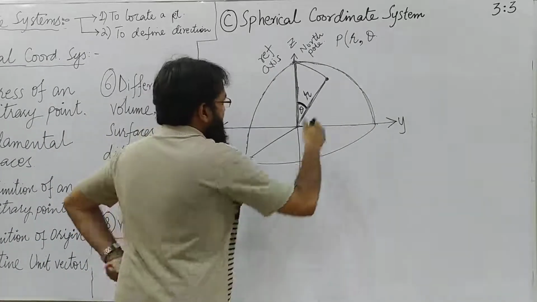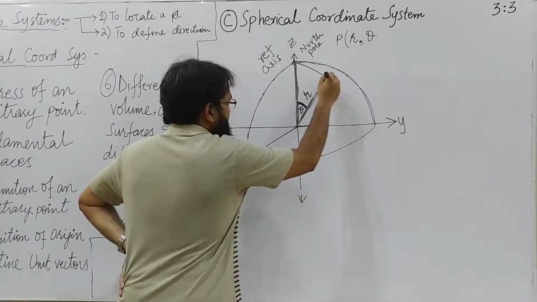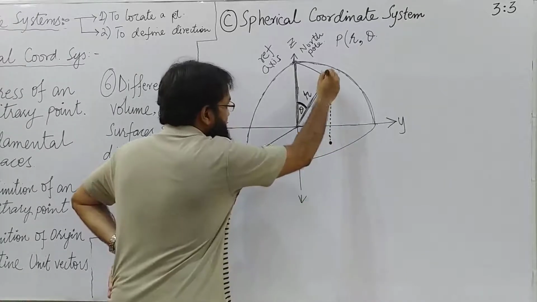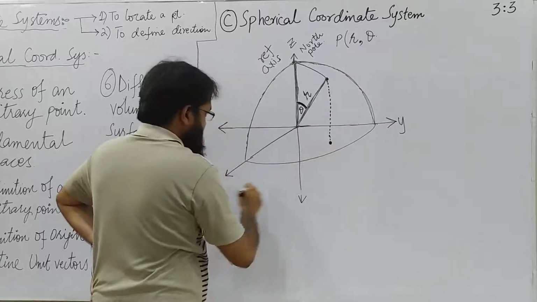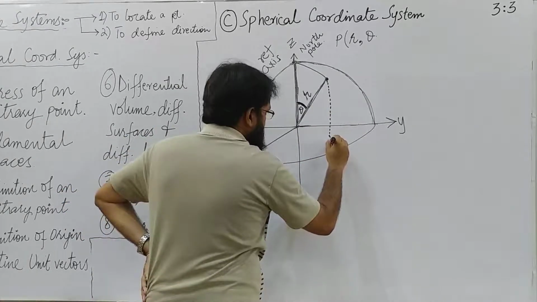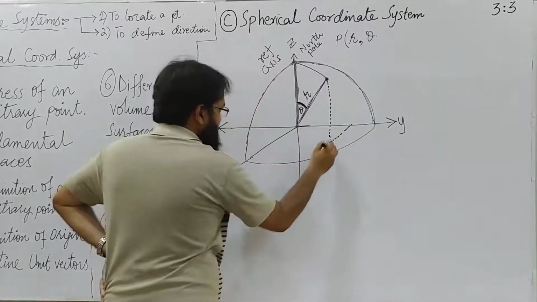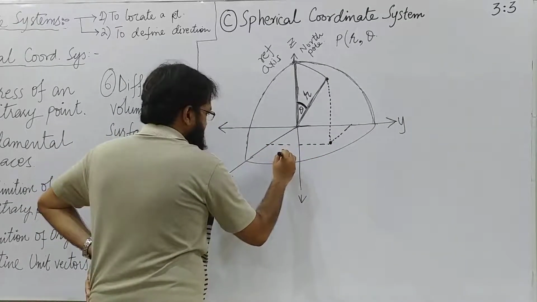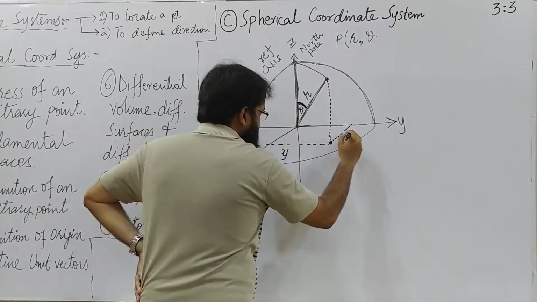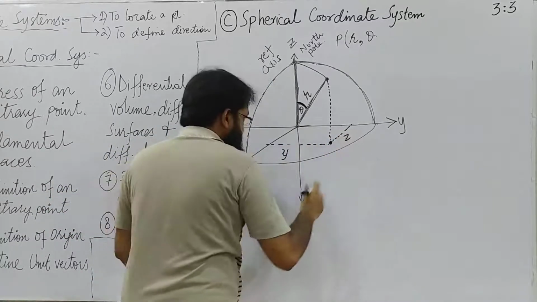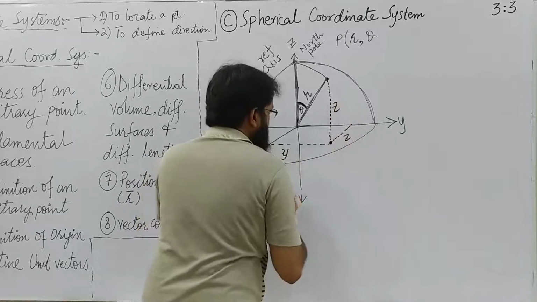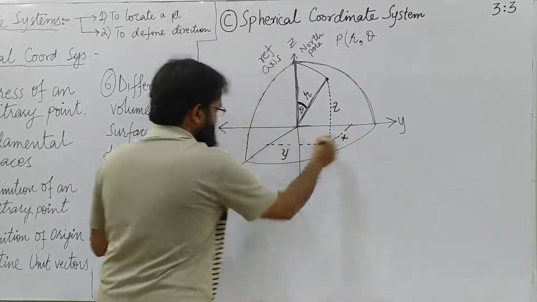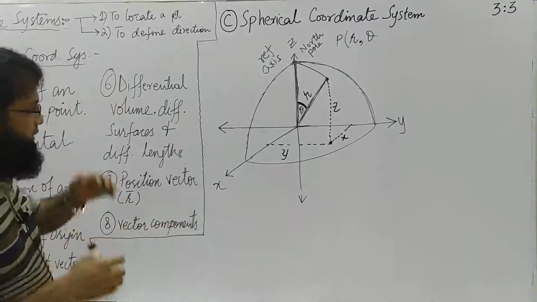So one way is to establish the system something like this: drop the perpendicular from this point on the xy plane, and then drop a perpendicular on the y axis, and then drop a perpendicular on the x axis. This will be y, this will be x, and this will be z. But can we use these x, y, z as the third coordinate?